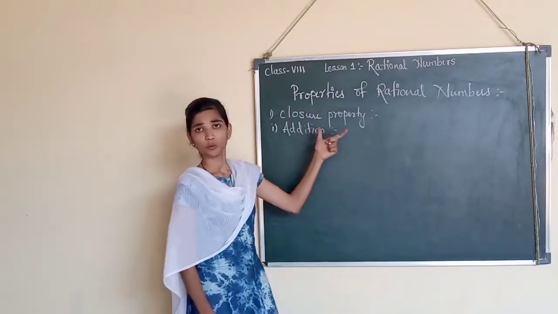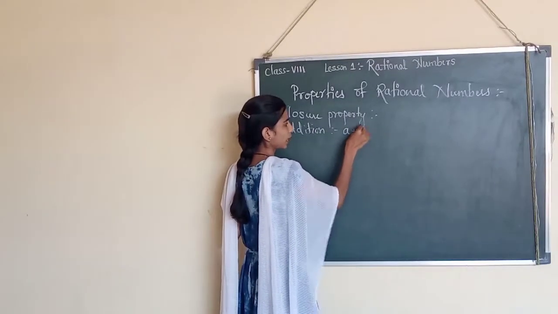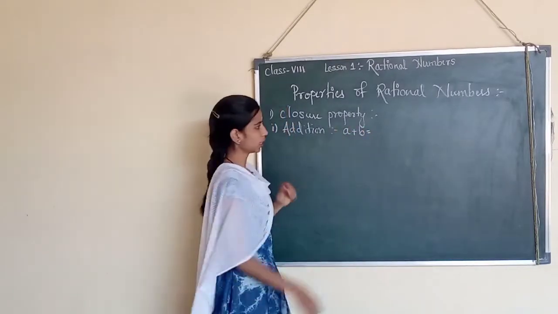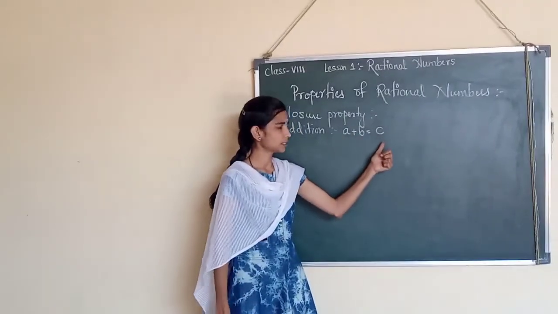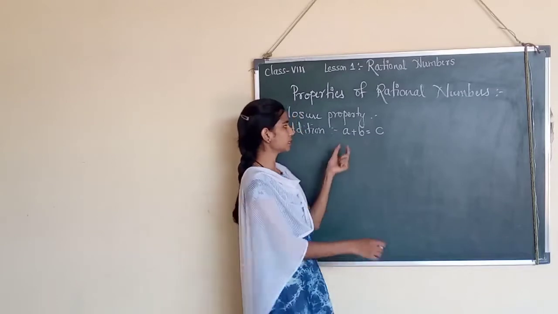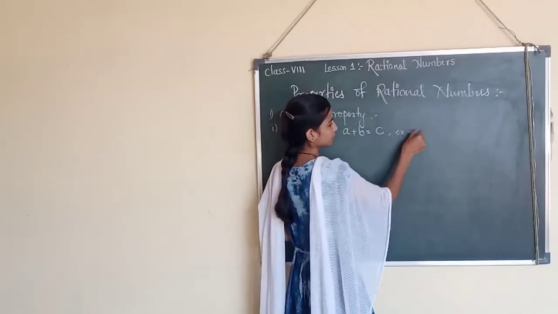What is meant by closure property is that the sum of any two rational numbers will be a rational number. When you consider a and b, both rational numbers, then the sum will be a rational number.